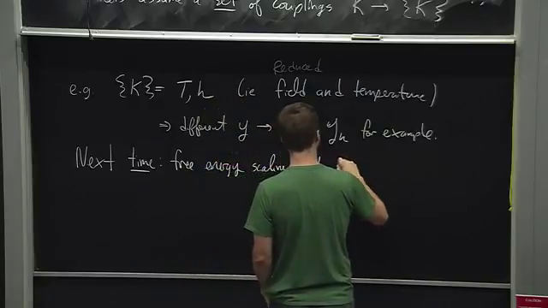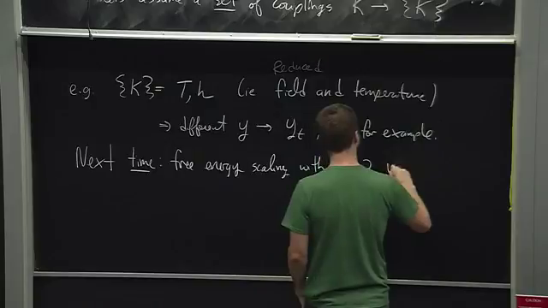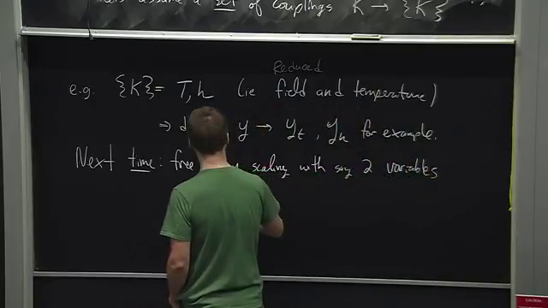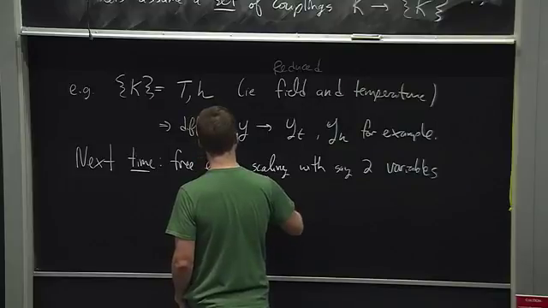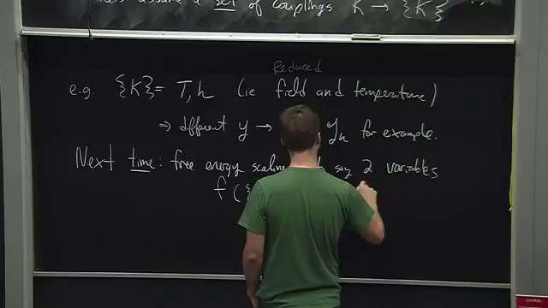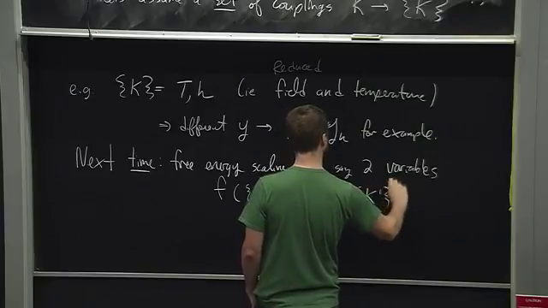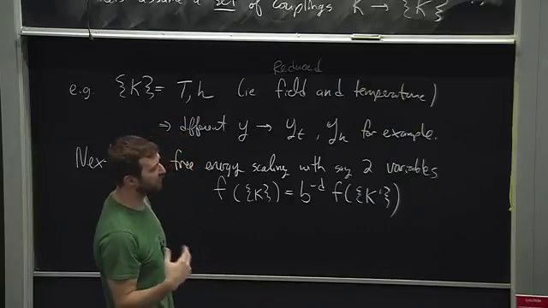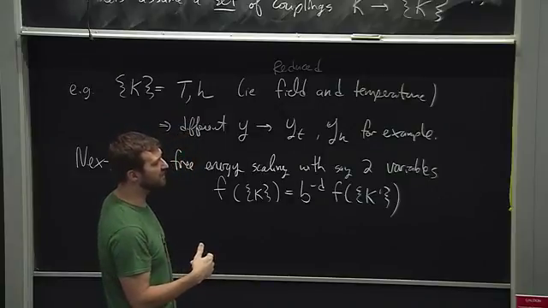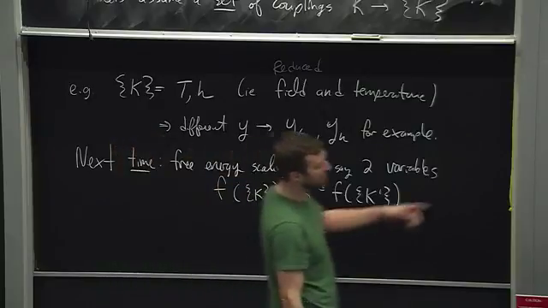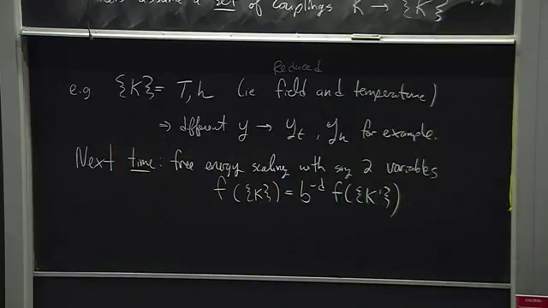So it's going to be f of the set K equals b to the minus d f of the set K prime. So from that, I should be able to derive all the exponents, or at least the dependence of all the exponents on the scaling variables. But not just this one example. I'm going to do it for all of them.